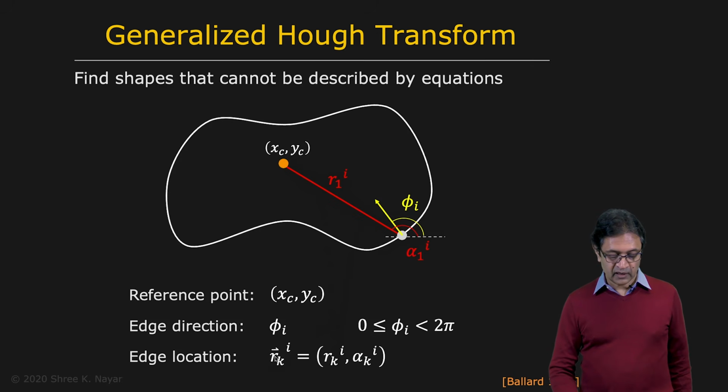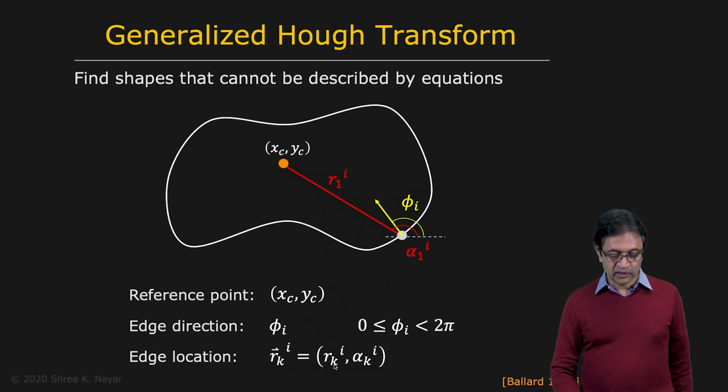So you have r_k^i. i corresponds to the point with the orientation phi i, and k because you may have multiple such points, and that's this tuple right here, which includes r_k, the distance, and alpha_k, which is the angle right here.